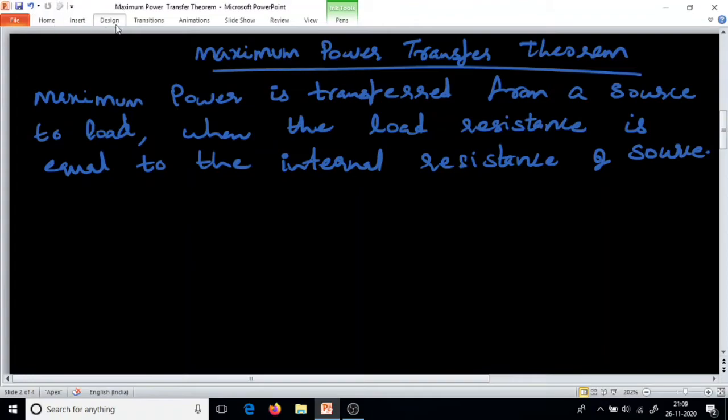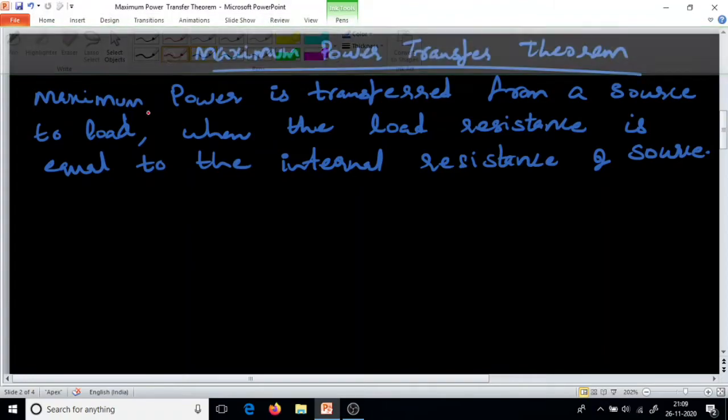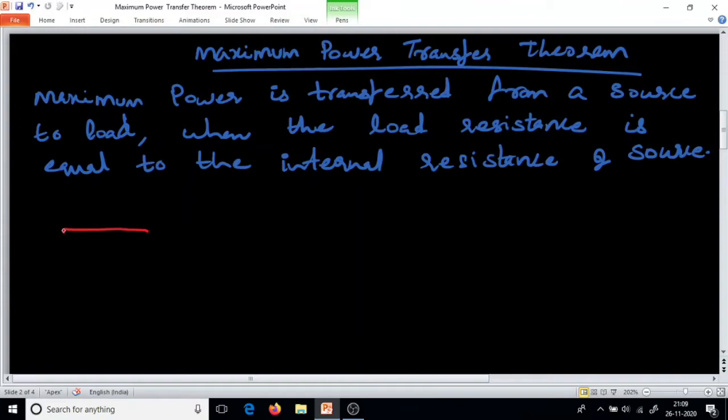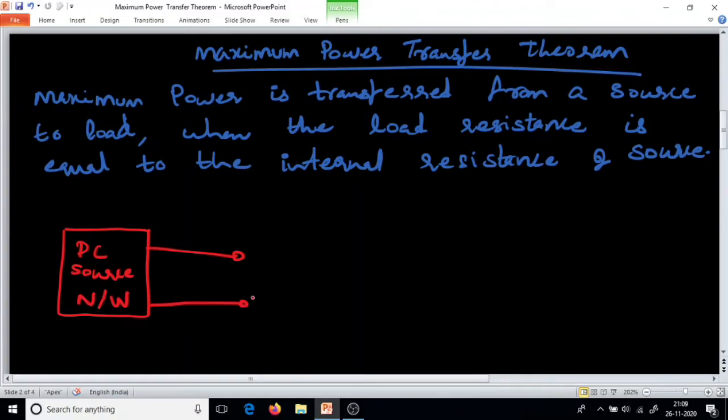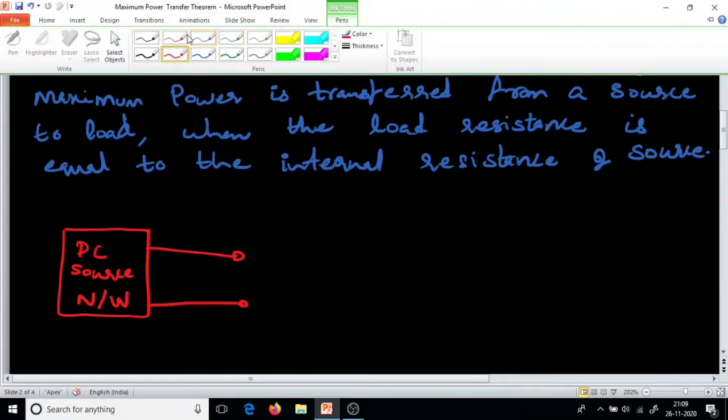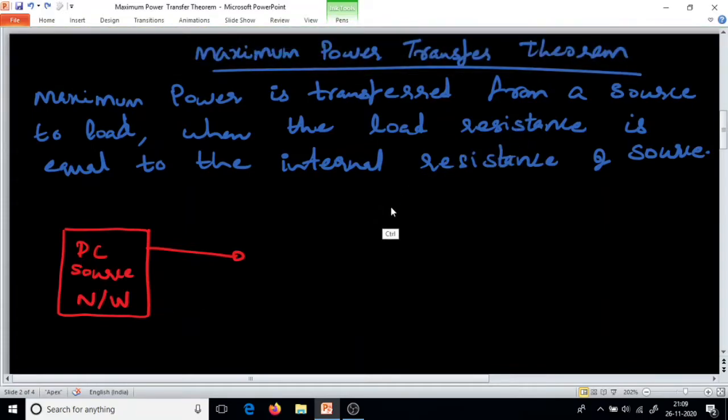So we can consider that we have a DC source network, and we want to connect it to a load.